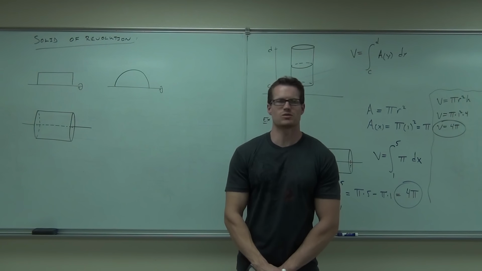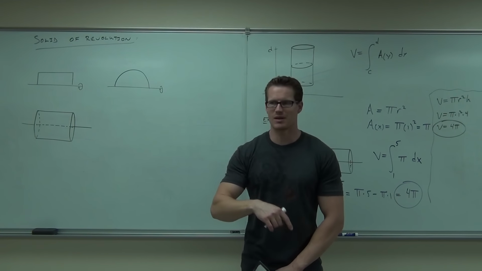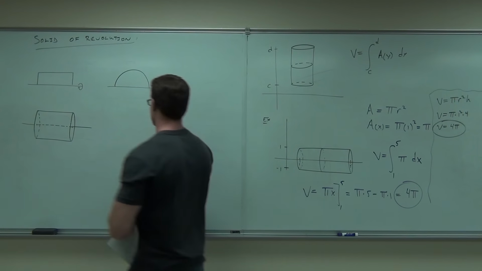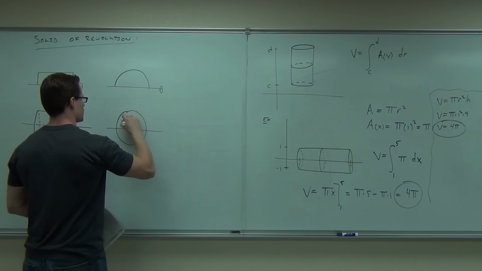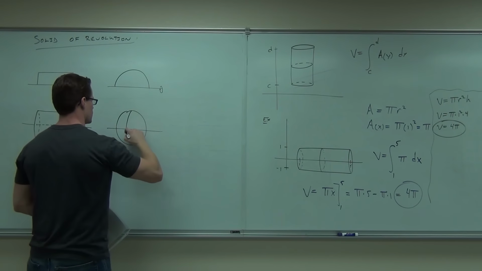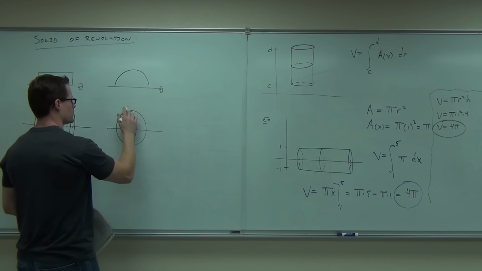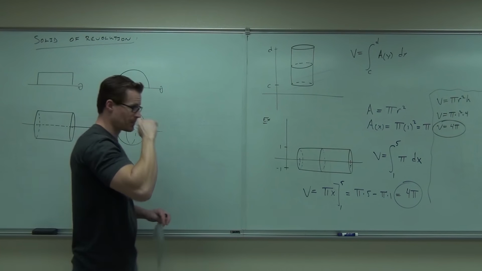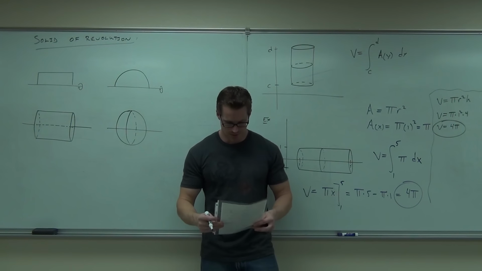Some people would say it sweeps out twice the volume because you have twice the sides. But it makes the same overall shape. It makes a sphere still. So I'm going to get a globe. Not an egg. If it's a half circle, hopefully it's a sphere.